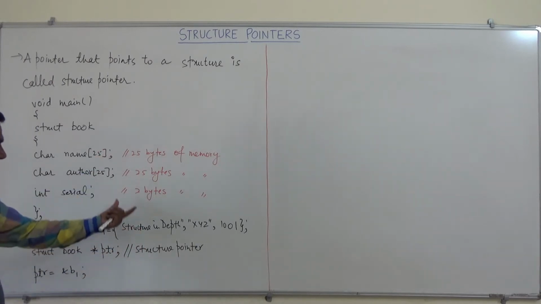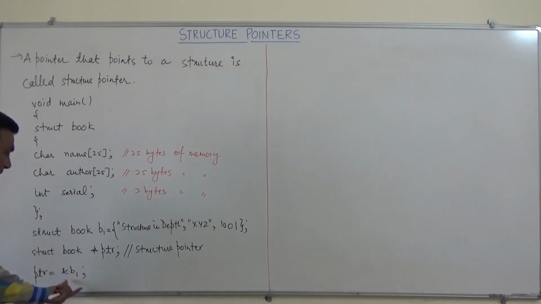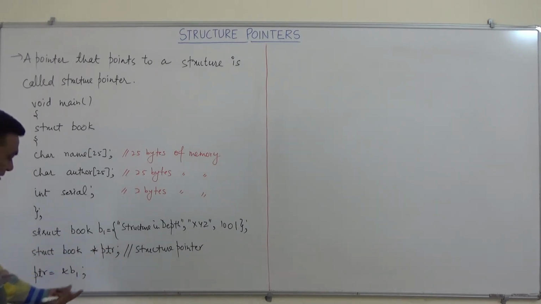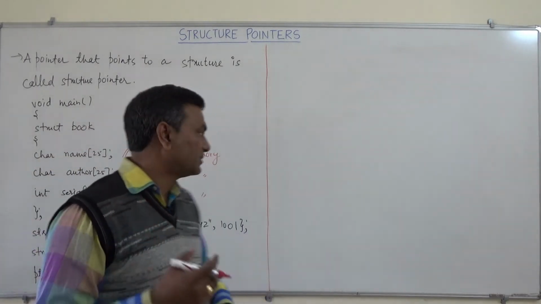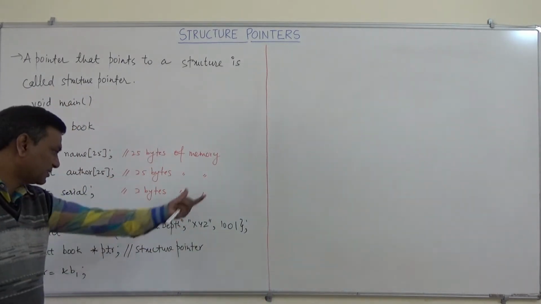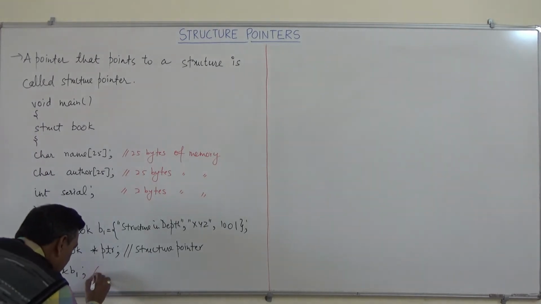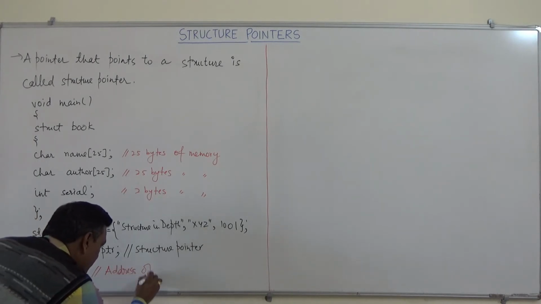Because it is occupying near about 52 bytes of memory, it will hold the base address of this structure variable. This will be the address of the first byte, that we will see here with the help of a diagram. So we can say this is the address of b1.